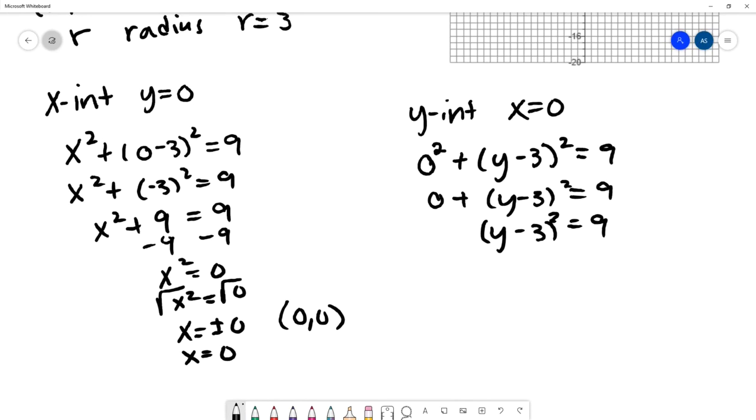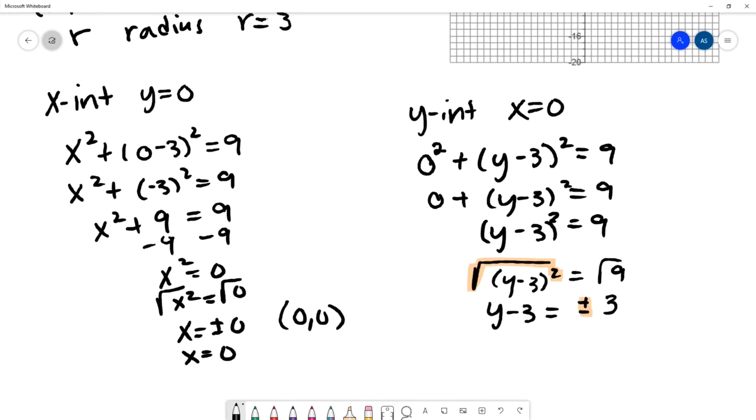We're going to get rid of that square by square rooting both sides. So that gives a square root and square canceling out. So we'll have y minus 3 on the left. On the right, we get plus or minus. Every time we square root a square, we get that plus or minus symbol.